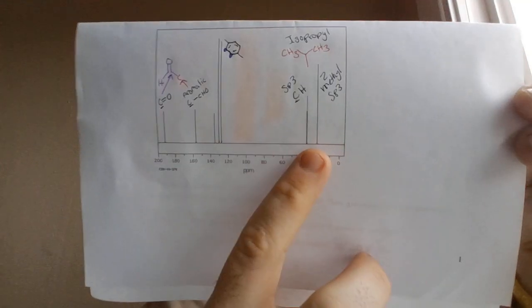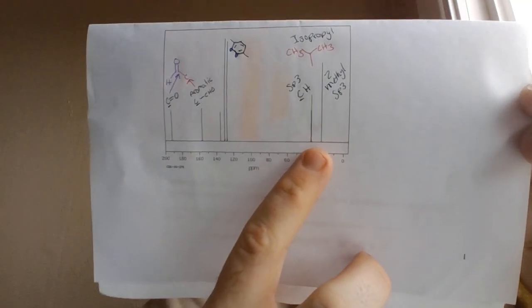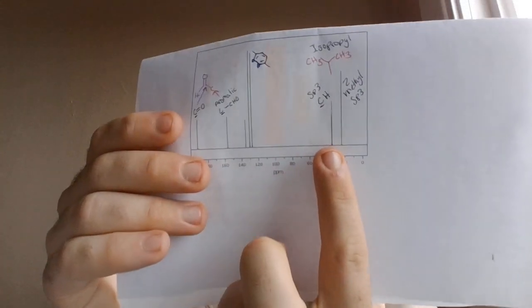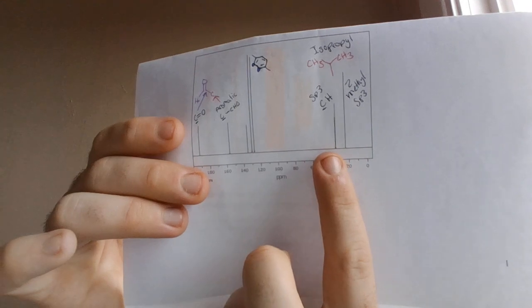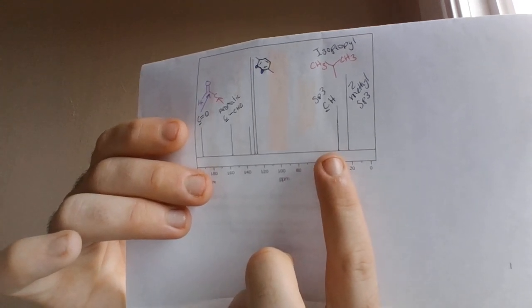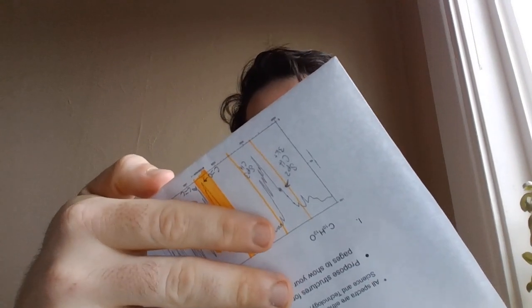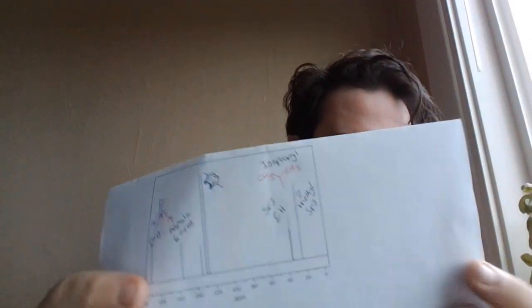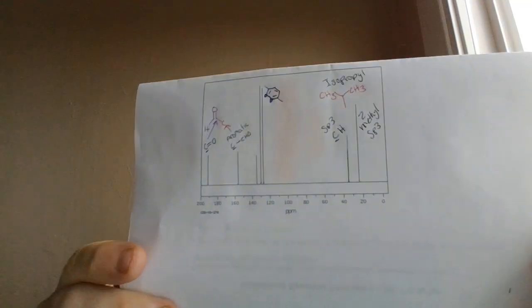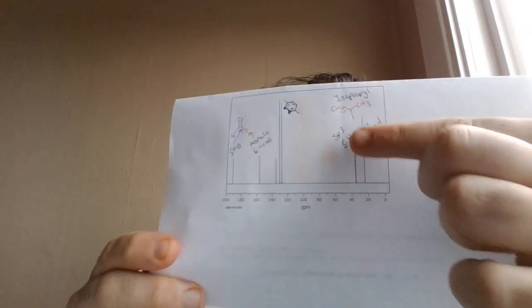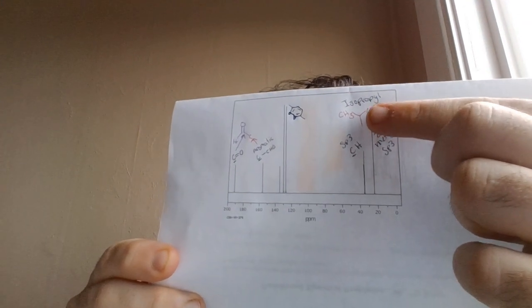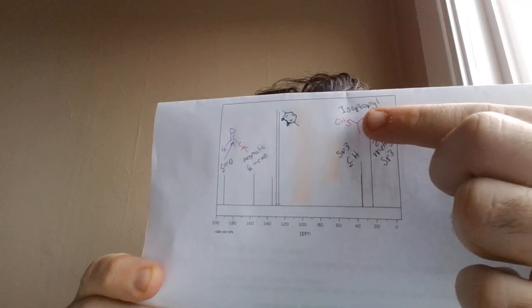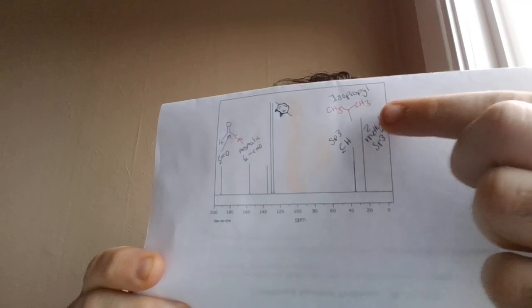We have the sp2 and sp3 carbons, and the shorter one right here is the sp3 carbon at the center of the isopropyl group, which is the other group coming off the benzene ring.